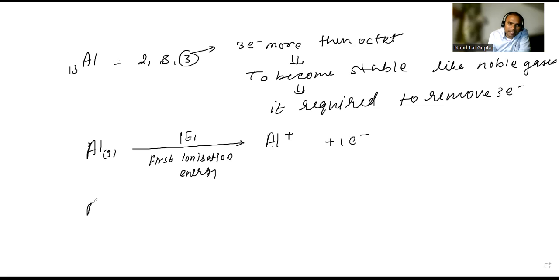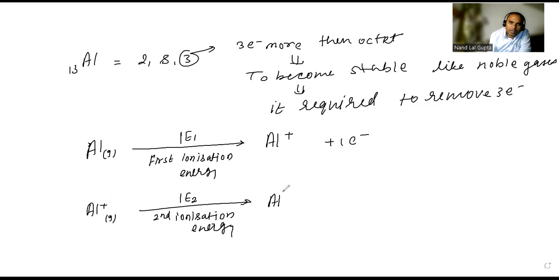Now the second one: from Al+, you are removing one more electron, so that means IE2, the second ionization energy. It becomes Al2+, plus one more electron. If you want to remove one more electron from Al2+, I need to give IE3, the third ionization energy.